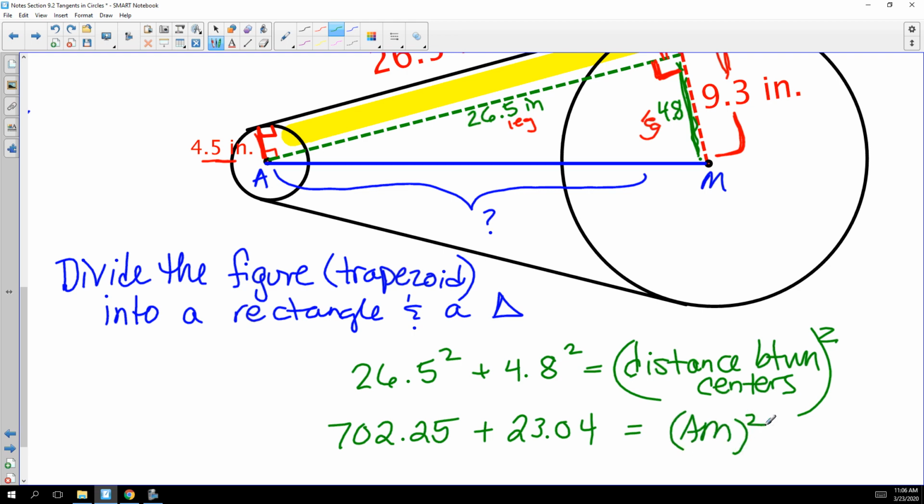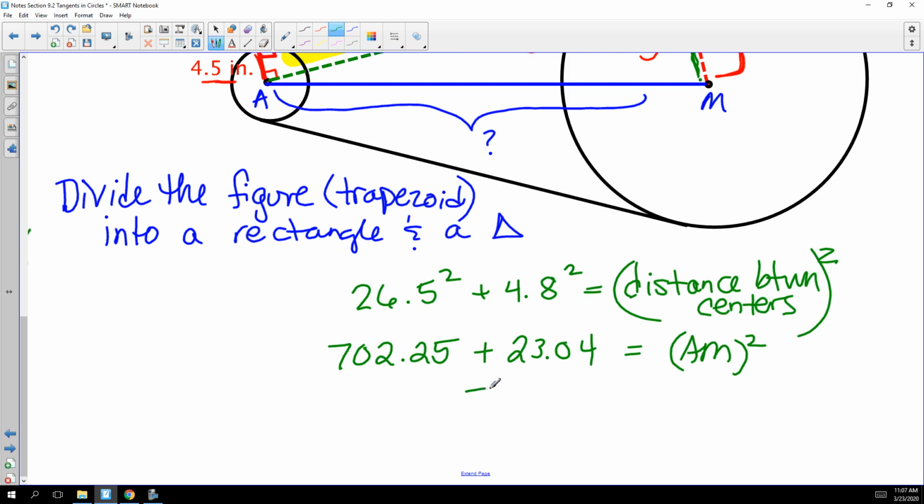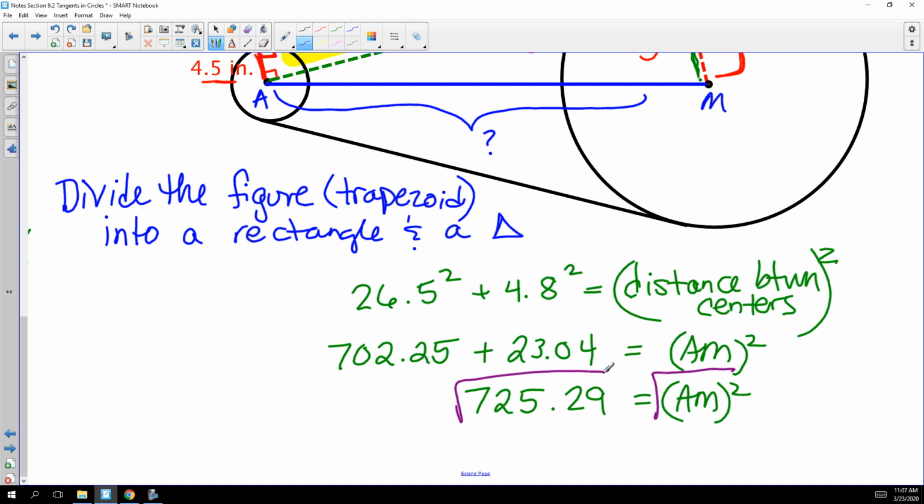So we'll add the 23.04 plus the 702.25. When you add that, you're going to get 725.29 equals AM squared. Don't forget that you now need to take the square root of both sides. So you can do second square root, second x squared, and then second answer on your calculator if you wish.